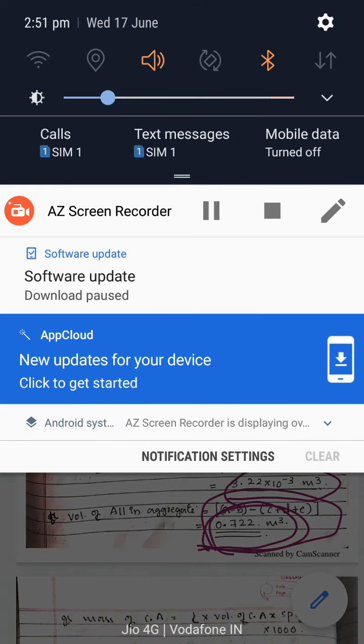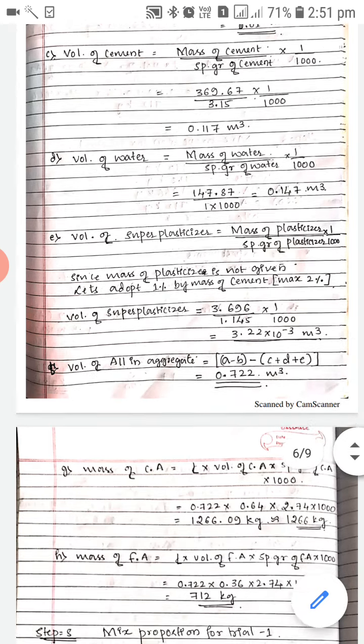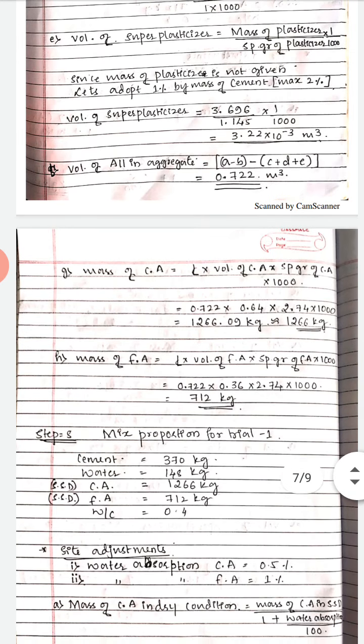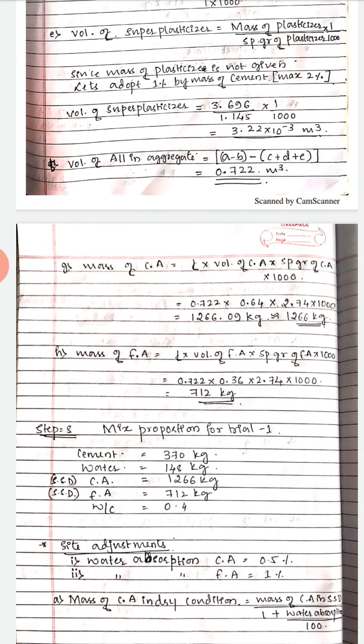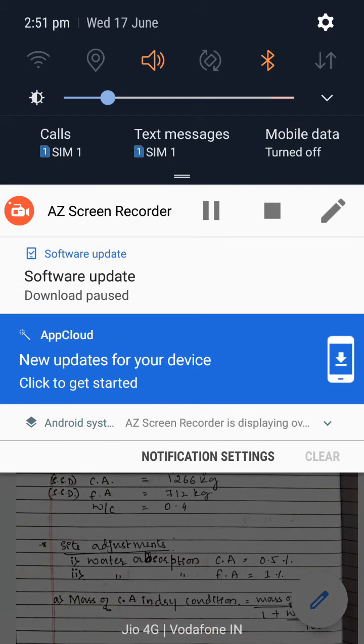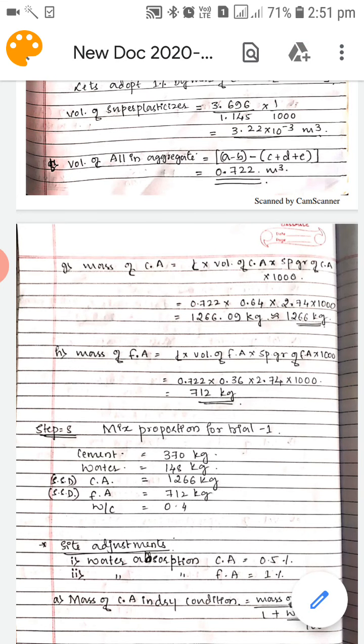Considering this volume of all-in aggregate content, I can easily calculate the mass of the coarse aggregate. By using this formula, the mass of the coarse aggregate is nothing but the volume of all-in aggregate into the volume of coarse aggregate that we have calculated from table 5, then into the specific gravity of coarse aggregate given, into 1000.